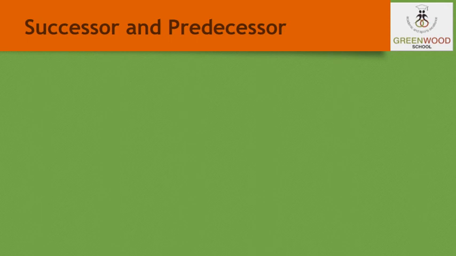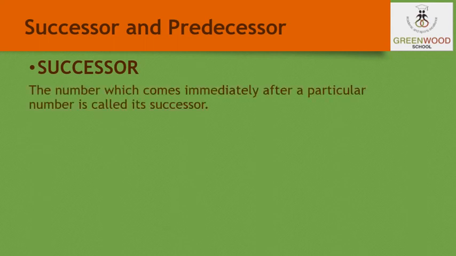Now we'll learn about successor and predecessor. What are successors? The number which comes immediately after a particular number is called its successor. For example, if we have the number 23 and we want to find the successor, that is the next number, that would be 24. That means the successor of 23 is 24.